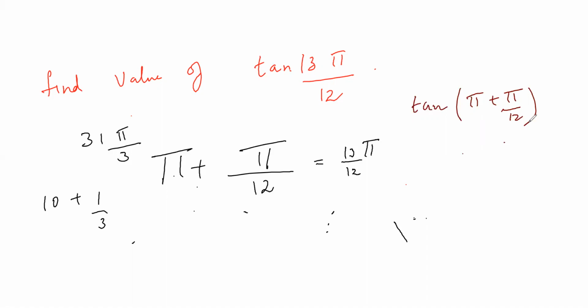So what is my tan of pi plus pi by 12 value? How do we do this? If you're unable to know this, then draw the 4 quadrants. Again, we are going through the diagrammatic way of solving. Pi means up to this, 180.